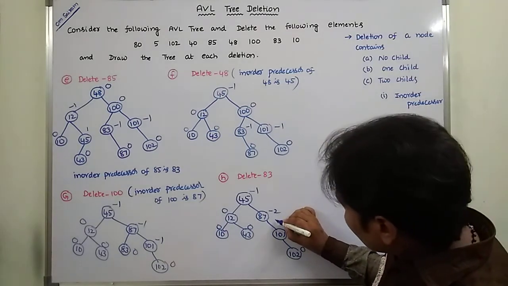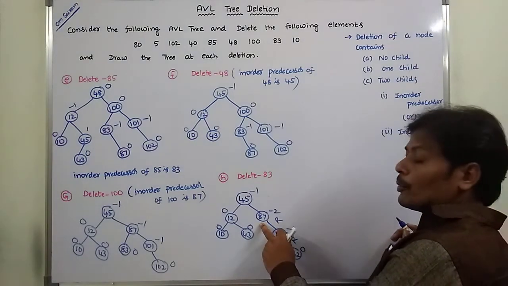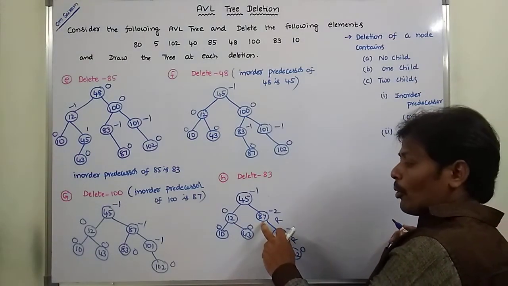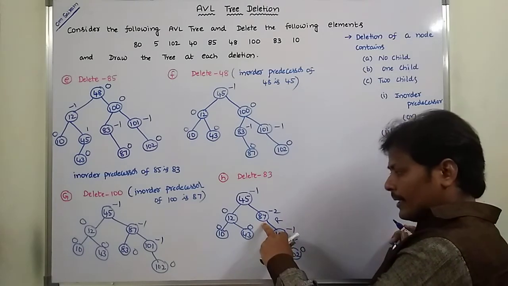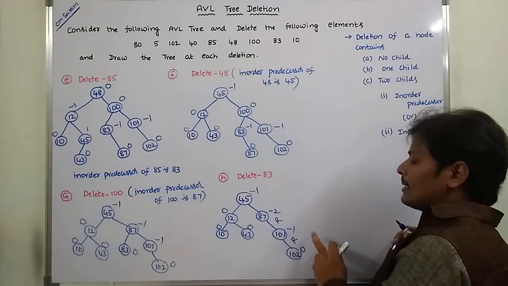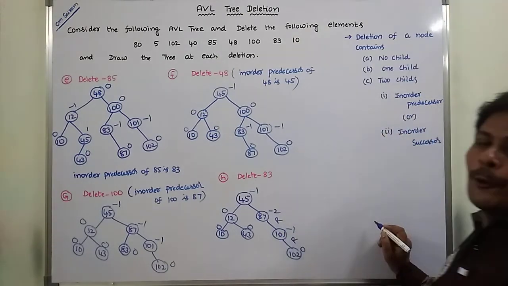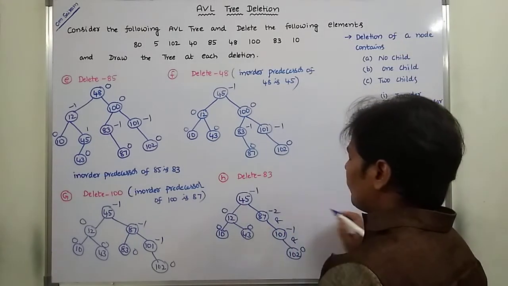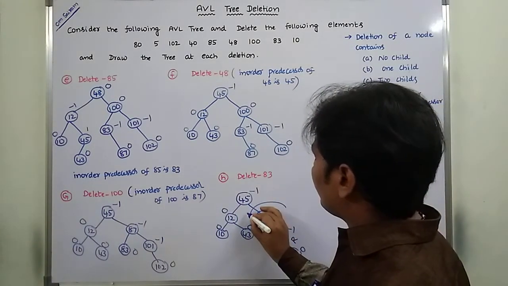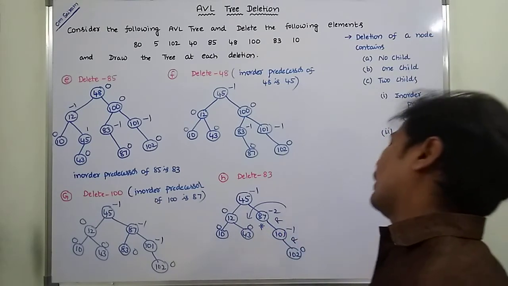Here this is a right child and this is a right child. We have to perform rotation corresponding to this node. Right child, right child, so now we have to perform RR rotation. Whenever RR rotation is performed, it is rotated to the left with respect to this node only.